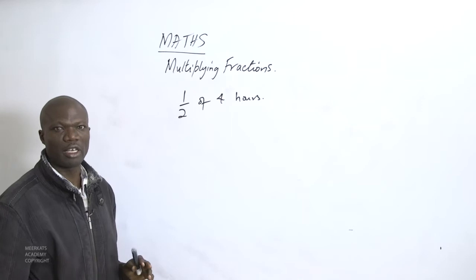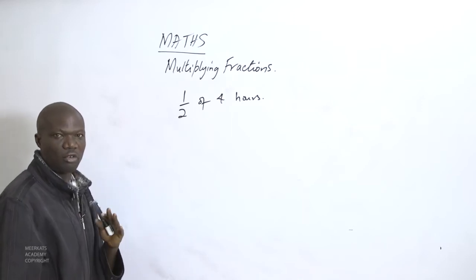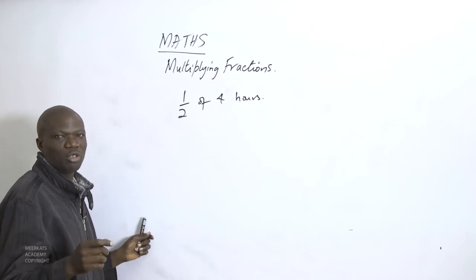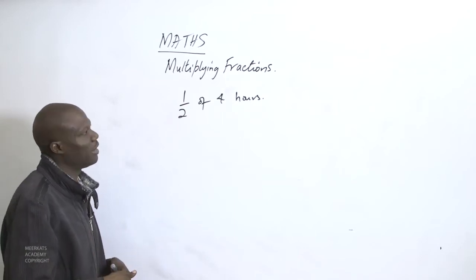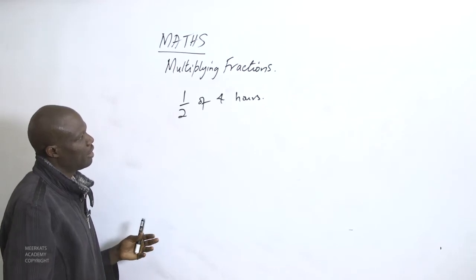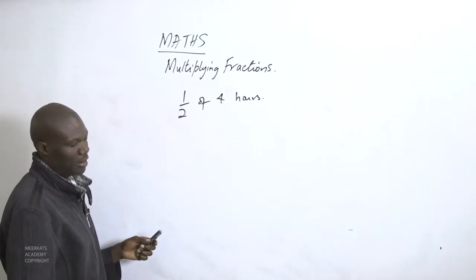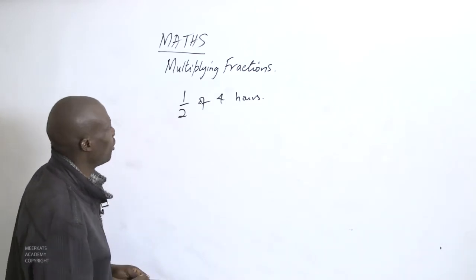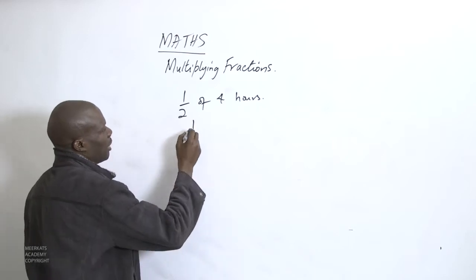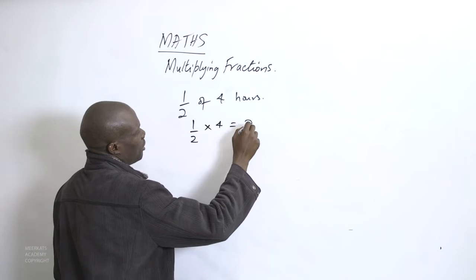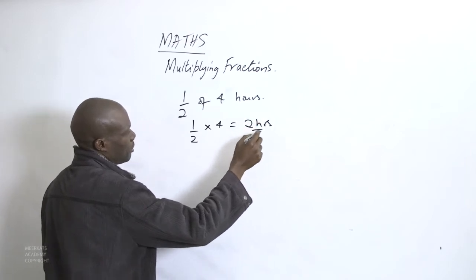So if we want to find a half of 4 hours, we should first know how many hours there are in 4 hours. You know it is definitely 4. So we say a half of 4, which gives us 2 hours.